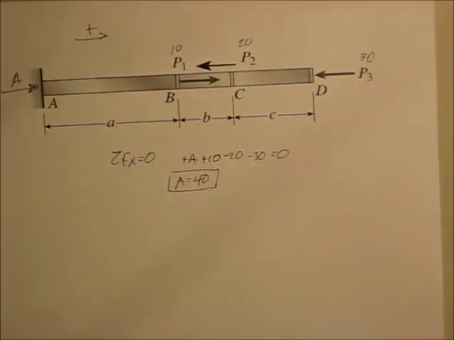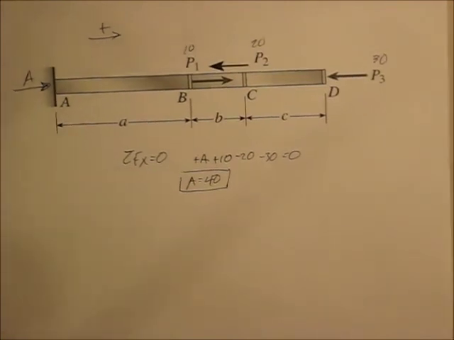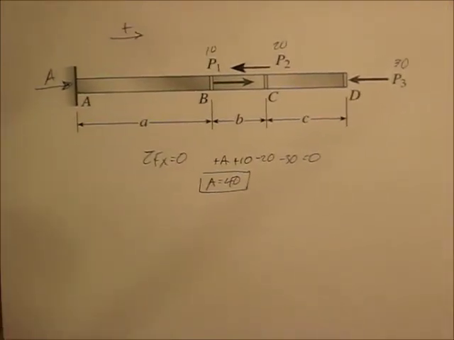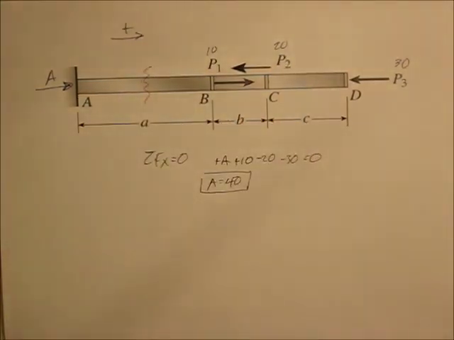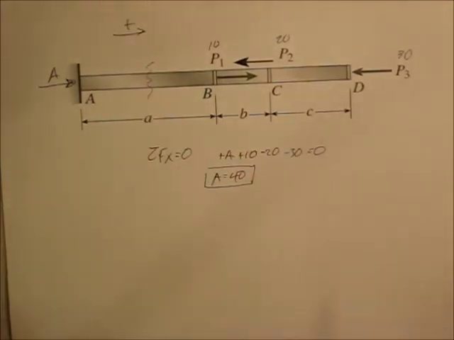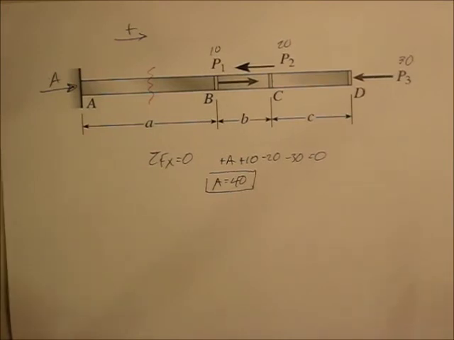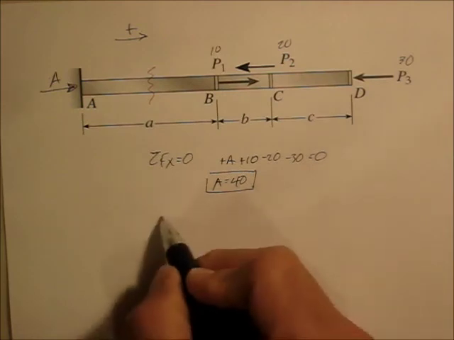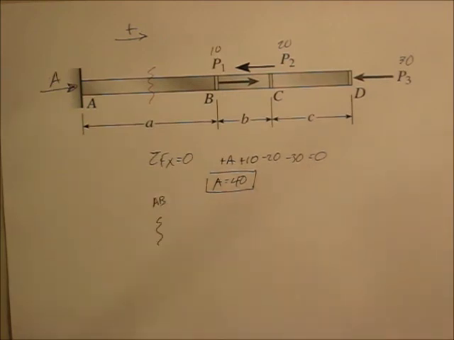Now the other way to do this is not to have to draw an entire section, but just to draw a single line, basically a squiggly line, that has to be in equilibrium. So this line represents what's happening on the inside of AB.